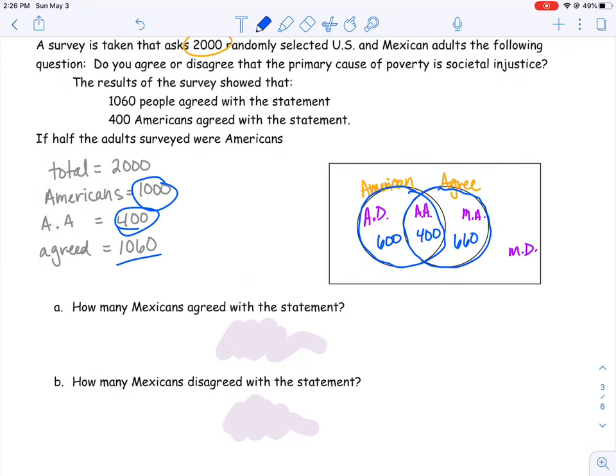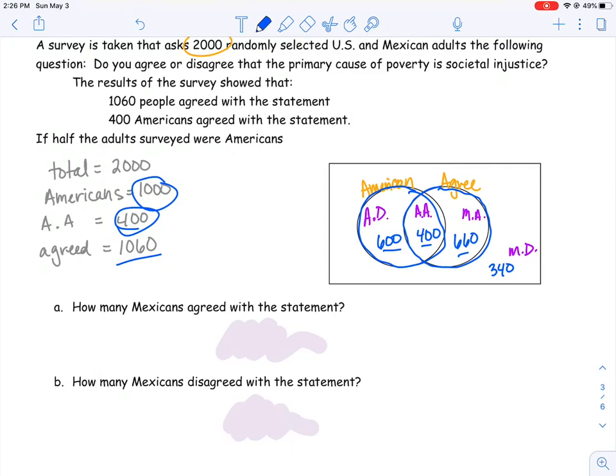And so if I have 600, 400, and 660, and then it says that we really have 2,000 people total, well then what's the left over? How many people would be on the outside? Did you get 340?